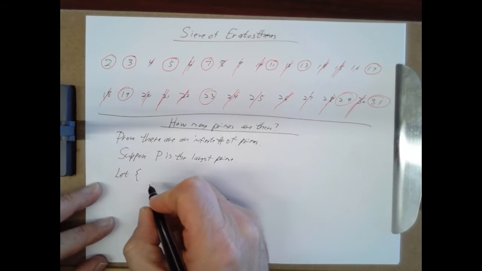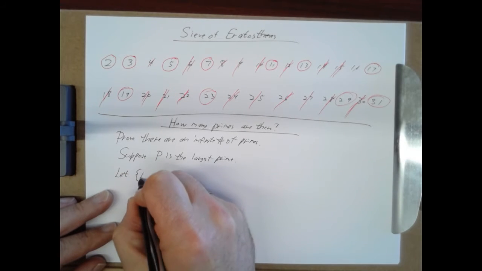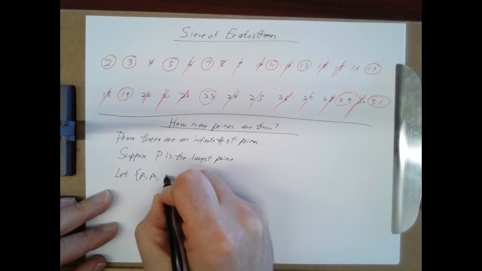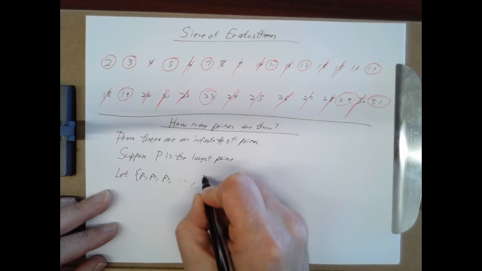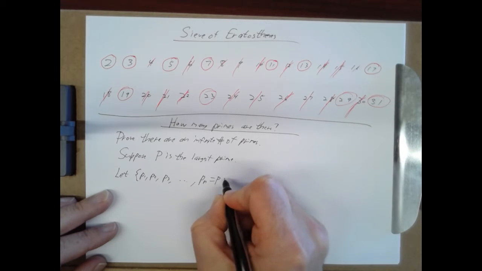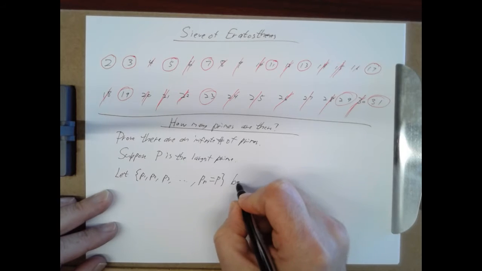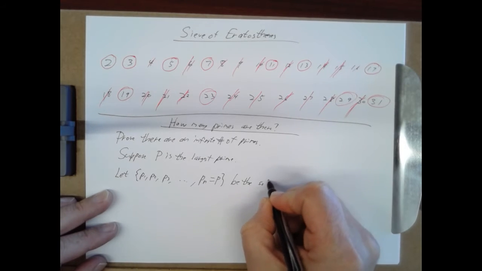So let's number our primes, P1, P2, P3, Pn, which is our last prime. Let this be the set of all primes.